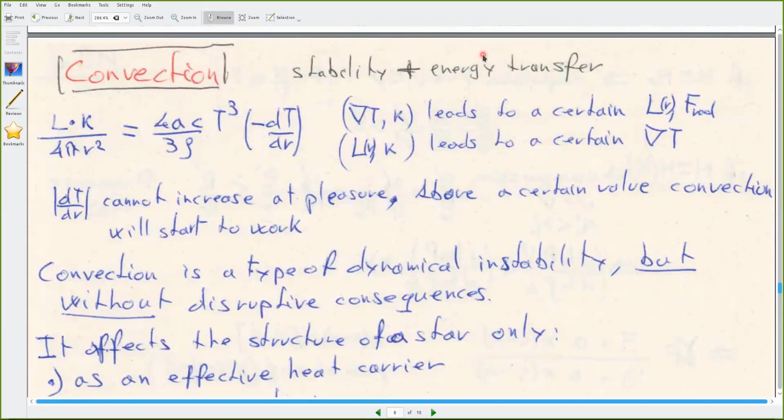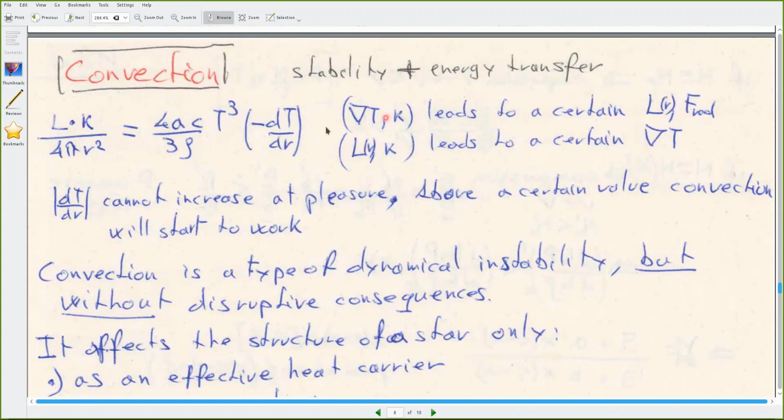That is the convection. Convection is the movement of material inside the fluid. Some part goes up, some part goes down, and essentially it's an energy transfer phenomenon, but is connected with the stability, dynamical stability of the gas. So it's in between two phenomena.